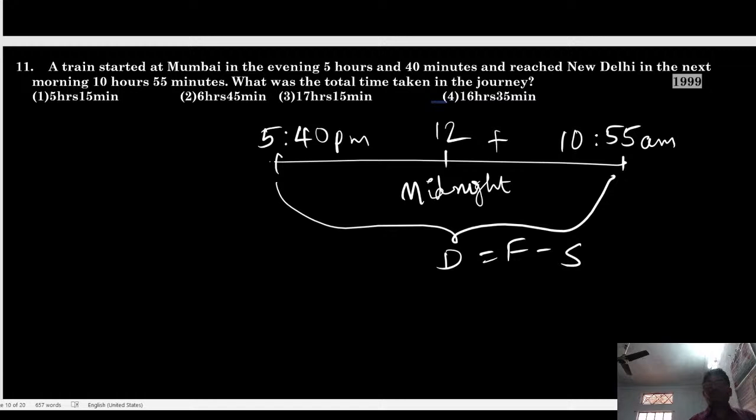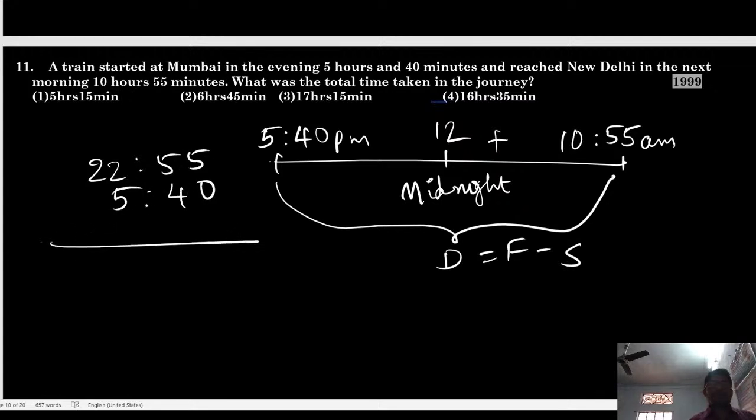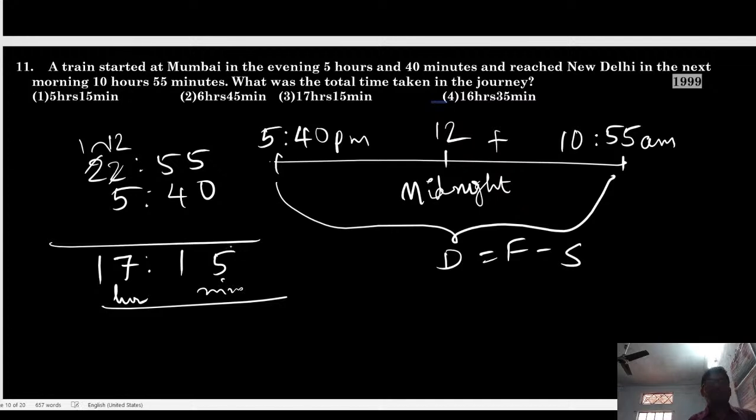So 22:55 minus 5:40. 12 minus 5, 7. 17 hours 15 minutes. Option 3.